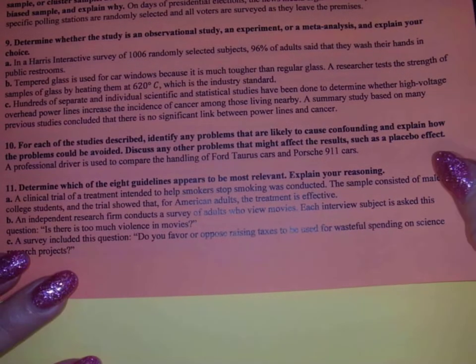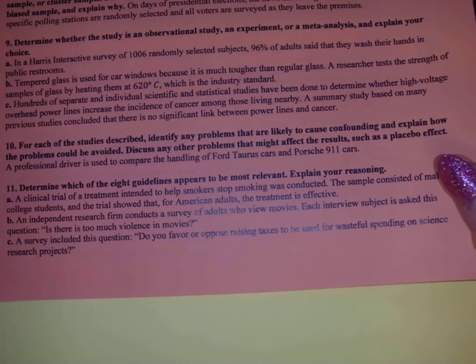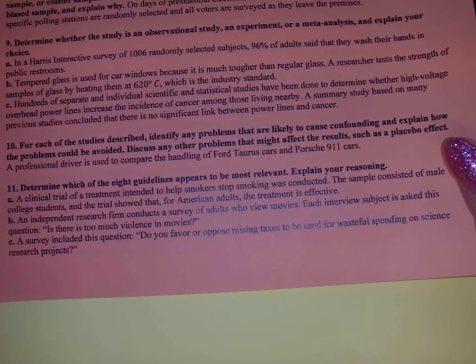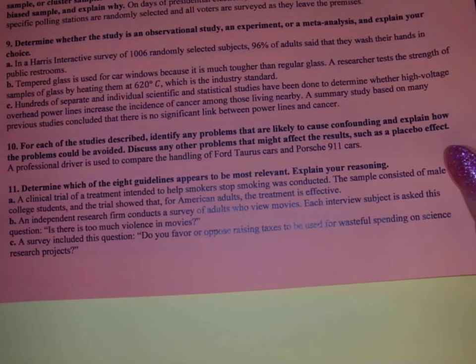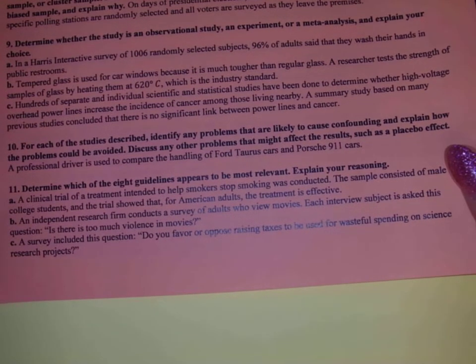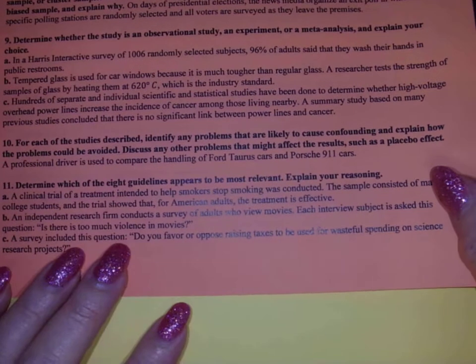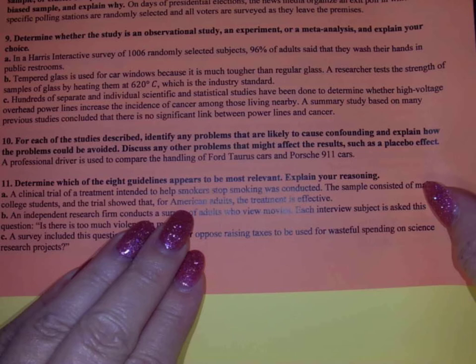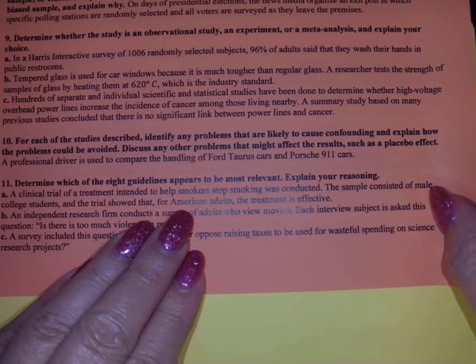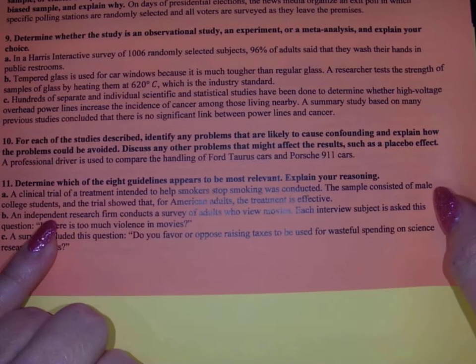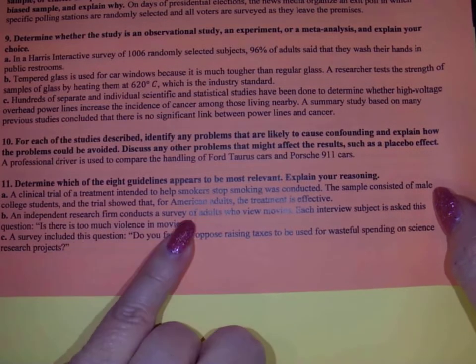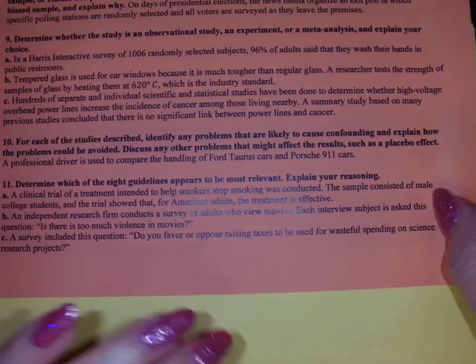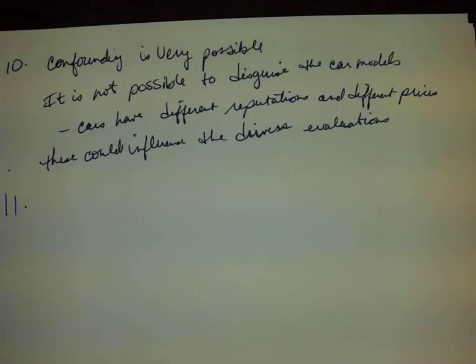All right, so which of our guidelines is going to be an issue here? A clinical trial of a treatment intended to help smokers stop smoking was conducted. The sample consisted of male college students, and the trial showed that for American adults, the treatment is effective. All right.